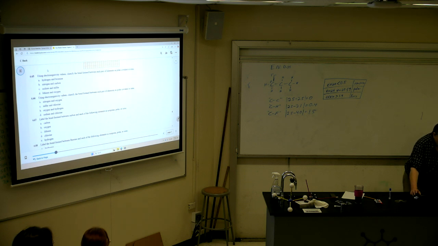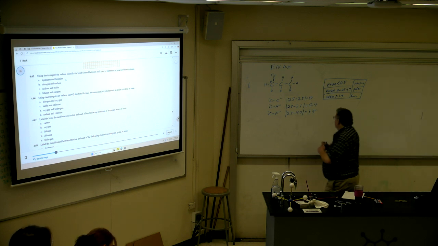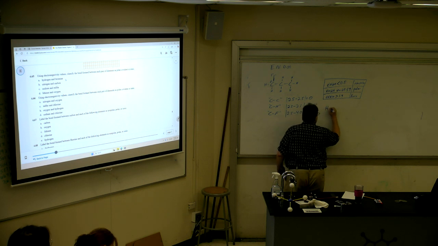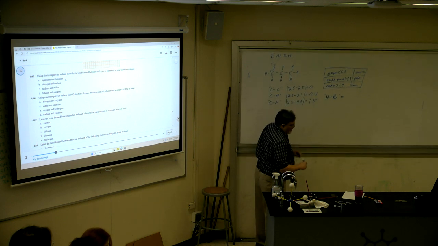So using the electronegativity values, that's those on the periodic table, classify the bond formed between these two elements. So hydrogen and bromine. All right, the question is, is this nonpolar, polar, or ionic?